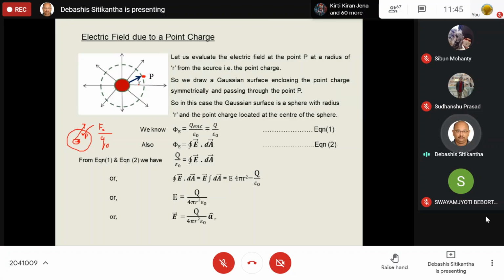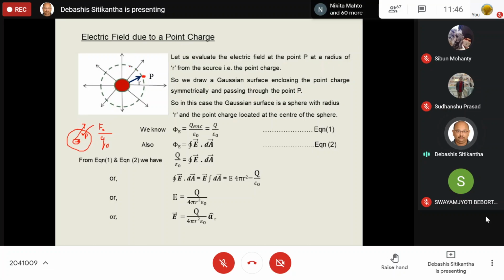So how to find it out? Let us evaluate the electric field at the point P at a radius of r from the source, that is a point charge in this case. So we draw a Gaussian surface enclosing the point charge symmetrically and passing through the point P.